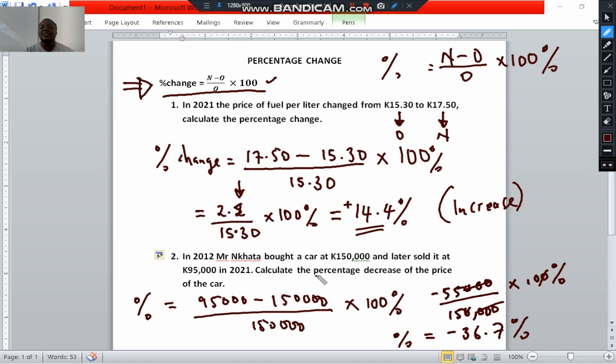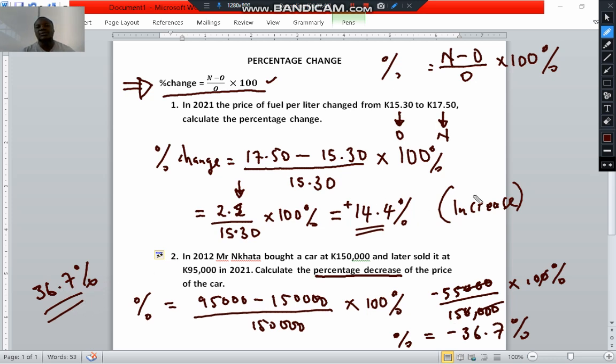That's why the question asked us to calculate the percentage decrease in the price of the car. So Mr. Nkata decreased the price of the car by 36.7% to 3 significant figures. The negative just helps us recognize that this is a percentage decrease, but the answer is a 36.7% decrease in price.